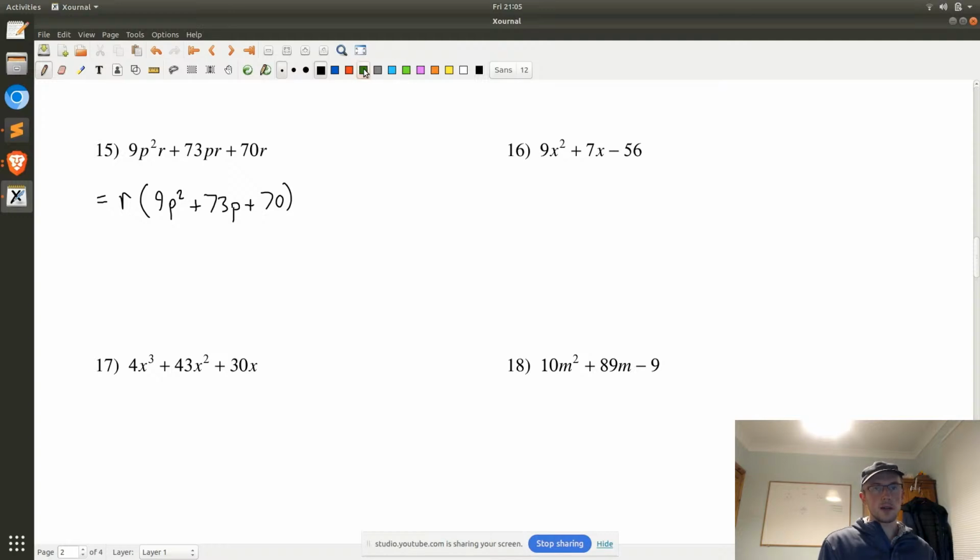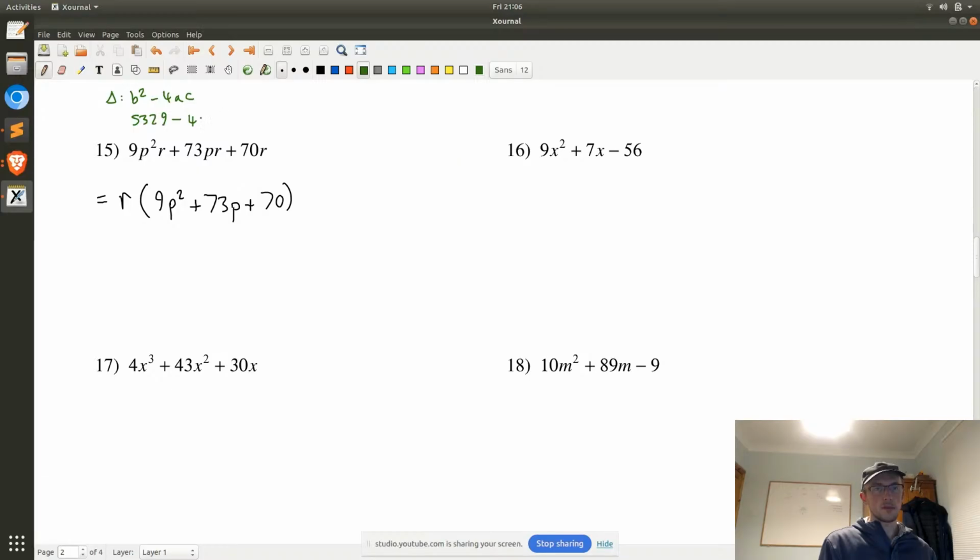And just for fun, try the discriminant again. b squared minus 4ac. b is 73, and 73 times 73 is 5,329.